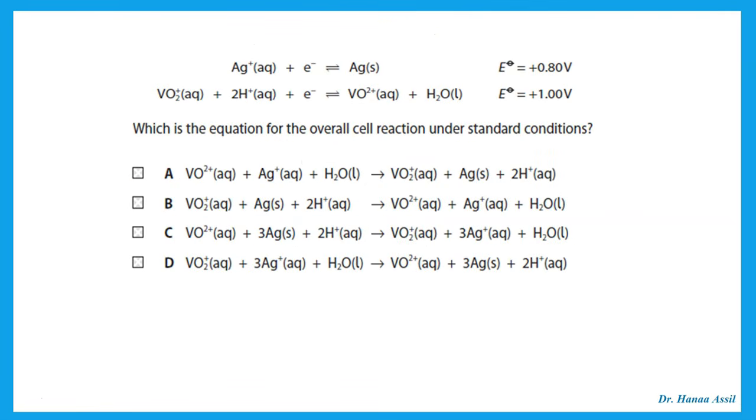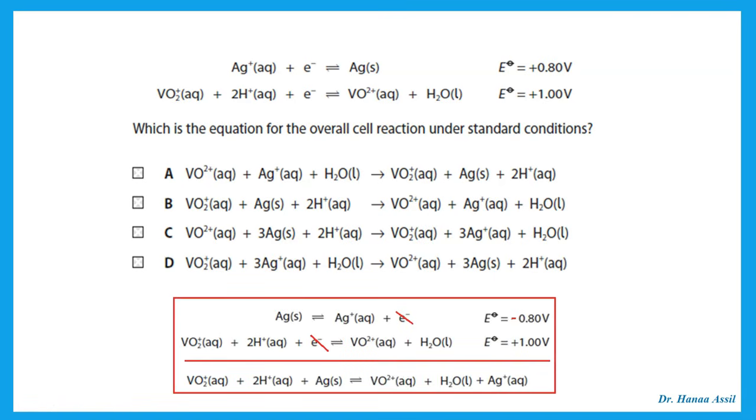So if we have a question like this in which we have the 2 reduction potentials and we are told which is the equation for the overall cell reaction. Well, looking at these, which one should be oxidation, which one should be reduction? Remember, the one that is less positive is more likely to be the one that loses electrons, not gains electrons.